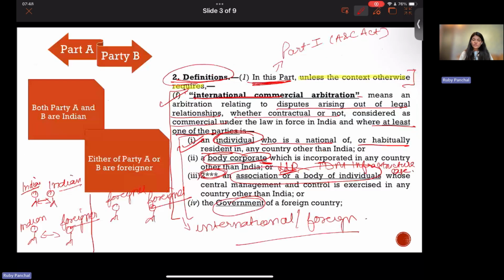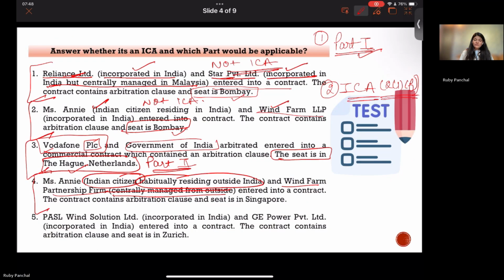So for those which are not body corporates, even if their central management is outside India, that qualifies, that gives them that international character, right? So both the parties here have international character, and hence, as per Part 1 at least, they should be an international commercial arbitration.